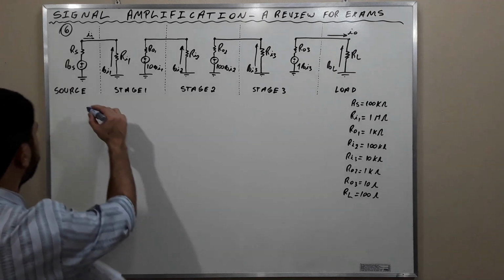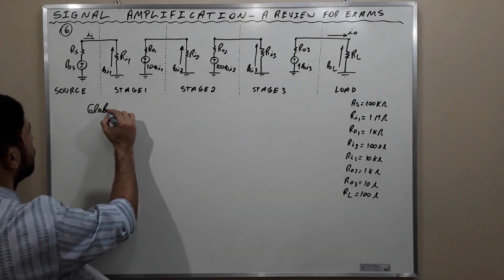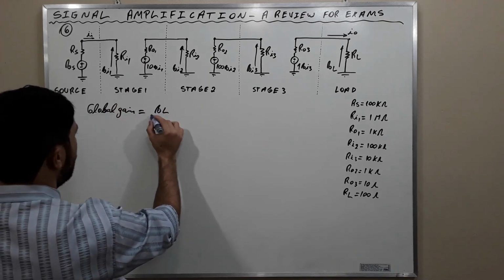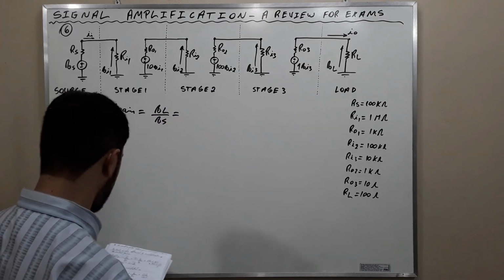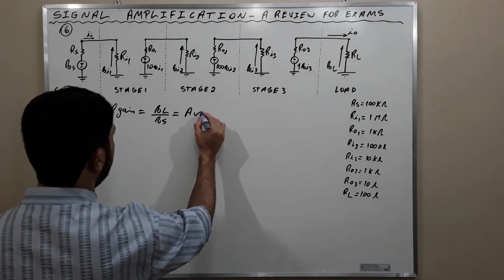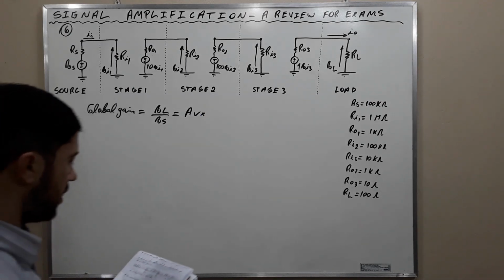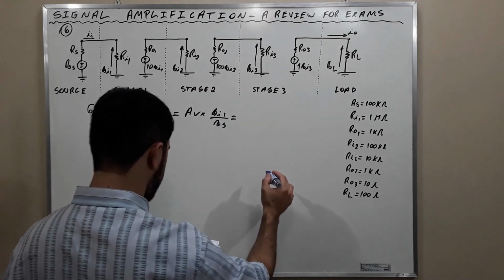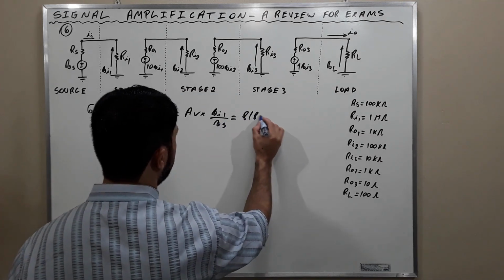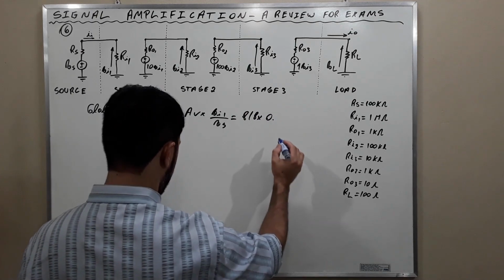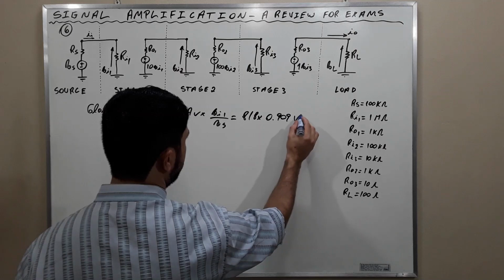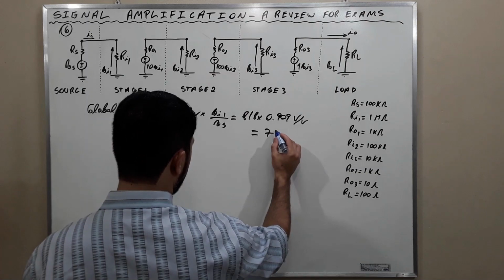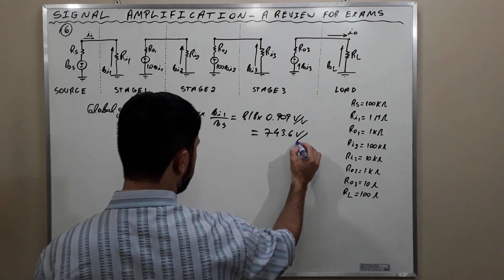The global gain is VL over VS, which is equal to AV, what we just calculated, times VI1 over VS, and this is equal to 818 times 0.909 volts per volt, and this is equal to 743.6 volts per volt.